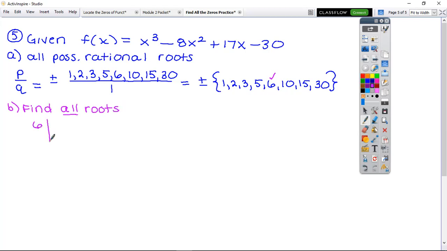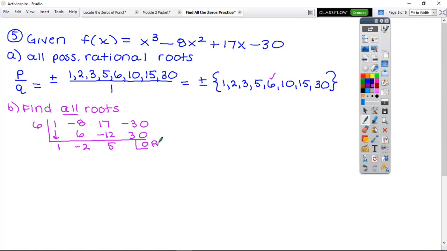And why did I not flip the sign? Yep, not a factor. Excellent. So I go 1, -8, 17, and -30, and you know that this is supposed to work. So 1, 6, -2, -12, 5, 30, remainder of 0.